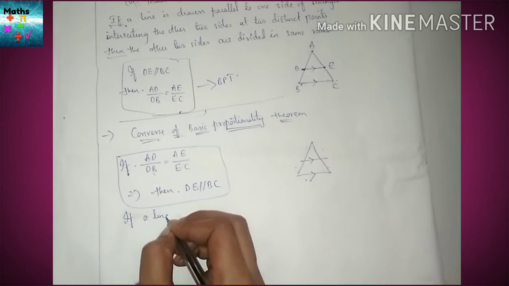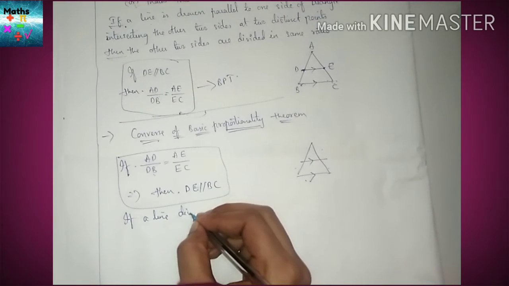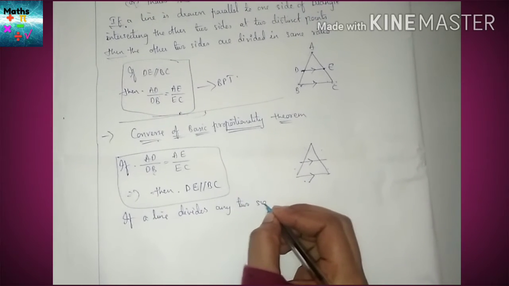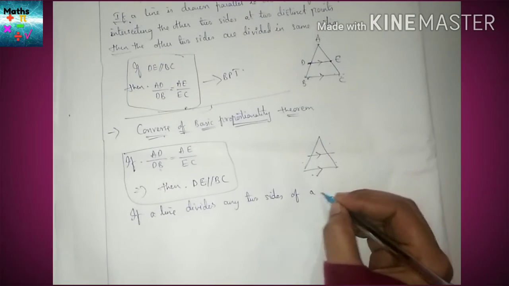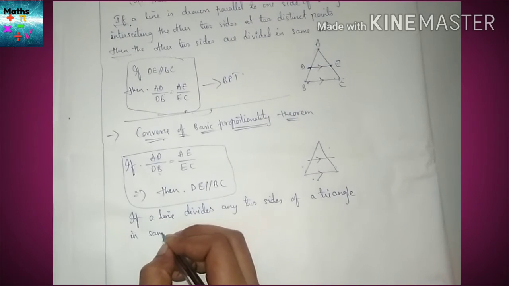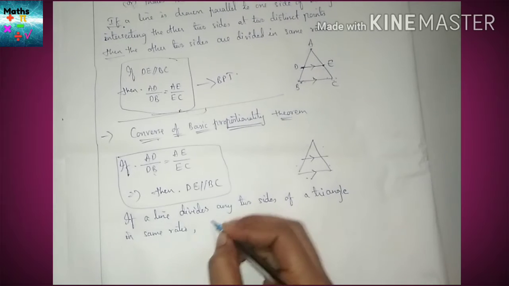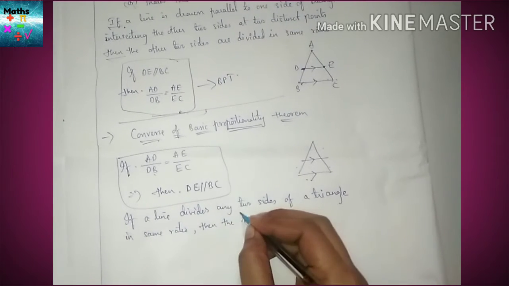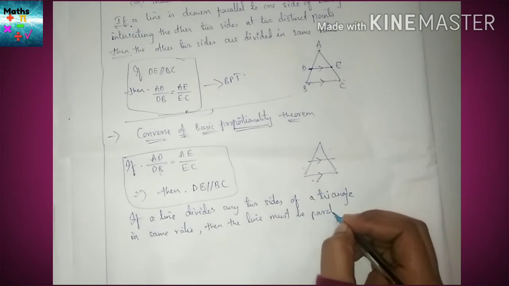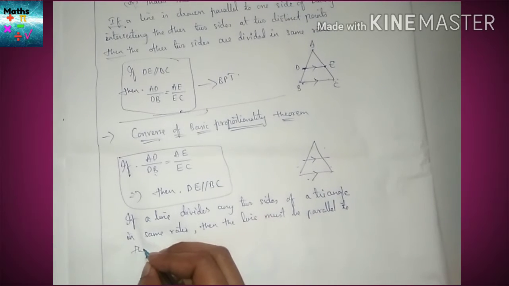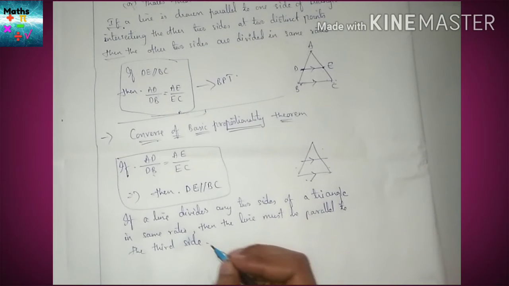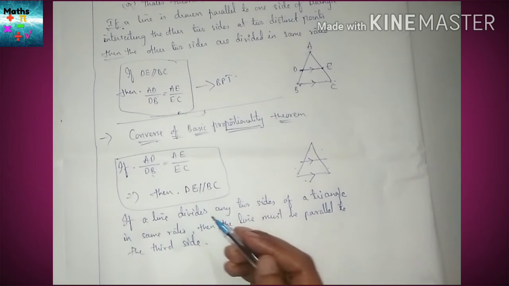If a line divides any two sides of a triangle in the same ratio, then the line must be parallel to the third side. So this is the statement for the converse of the basic proportionality theorem.